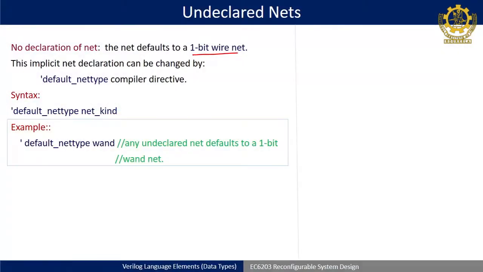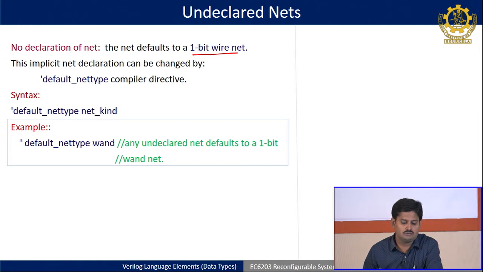Okay. So now coming to undeclared nets. If any net has not been declared in the code, then by default it will be a 1-bit wire type. Mostly when you are writing any code you have to define a variable with a net type. Sometimes if you have not defined it, it will take wire as the default data type.